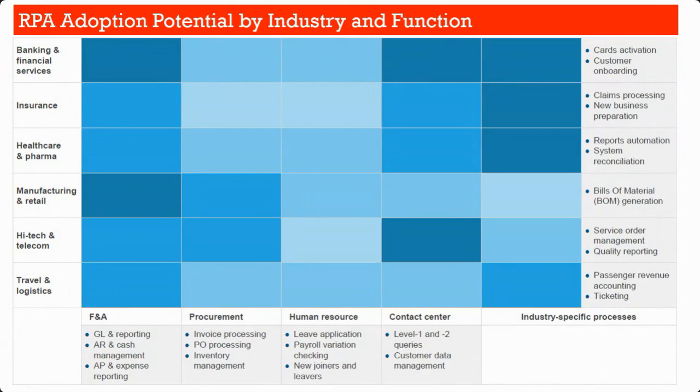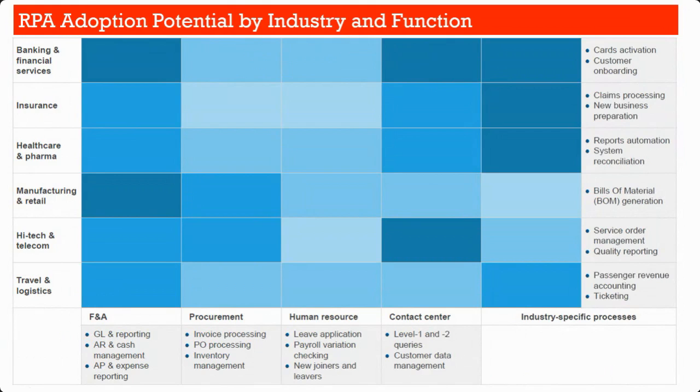If you look at the right side, at the end of each vertical, I have put some of the processes which are specific to that particular vertical. For example, card activation is specific to banking and financial services.